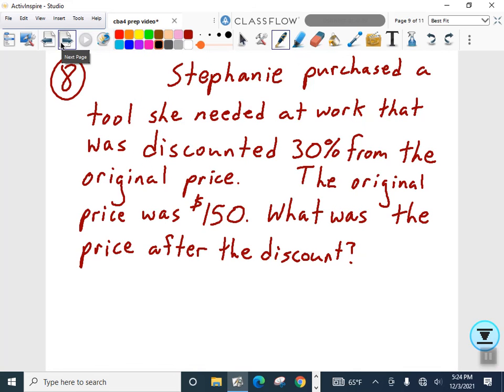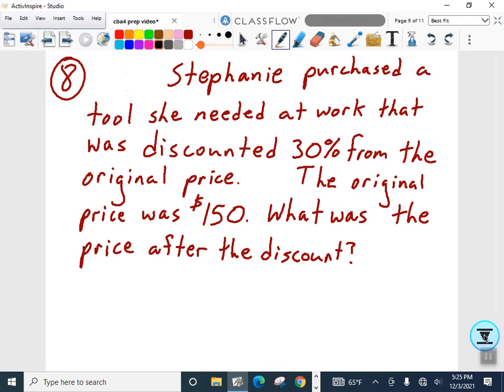Number 8, Stephanie purchased a tool she needed at work that was discounted 30% from the original price. Oh, we did this last unit. We'll do this again. The original price was $150. What was the price after the discount?